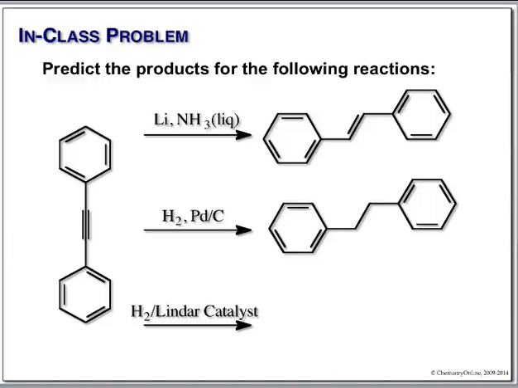And finally, Lindlar catalyst. Lindlar stands for lousy. It will stop with 1 mole, but just like all hydrogenation, the hydrogens go on from the same side, so we have a cis isomer.